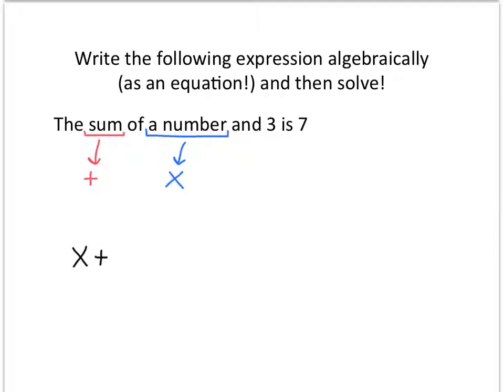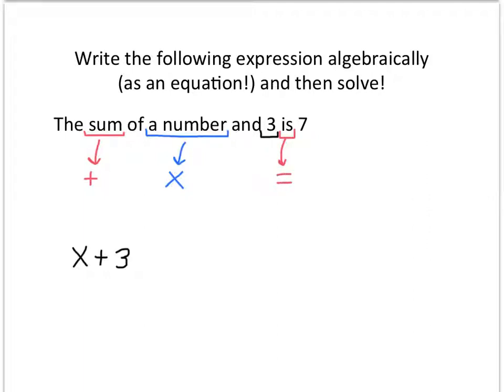And if we keep going here, we then have the phrase the sum of a number and 3. So pretty clearly the second thing that is being added is this number 3 here, so x plus 3. Our next key phrase here is this word is, and if you remember, is often refers to an equal sign.